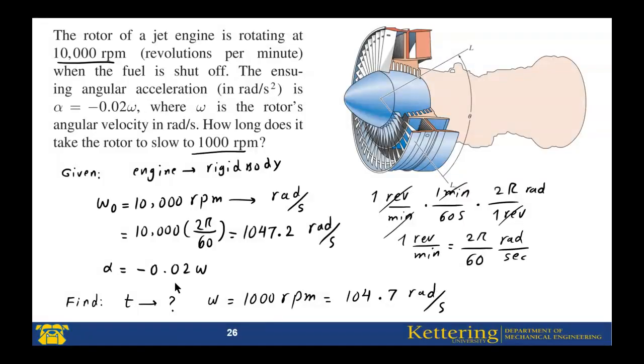Can I move to the next slide? Using that equation that I just mentioned, alpha is minus 0.02 omega. What is the relation between alpha and omega? Angular acceleration and angular velocity, what is their relation?